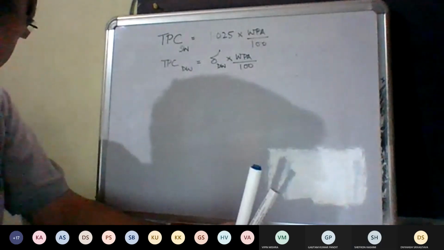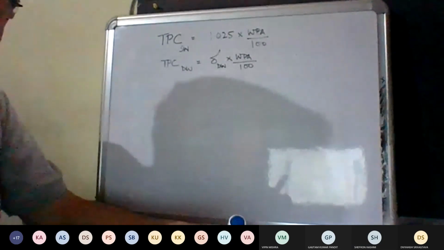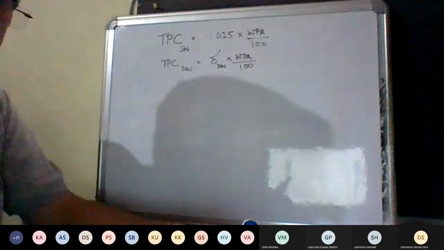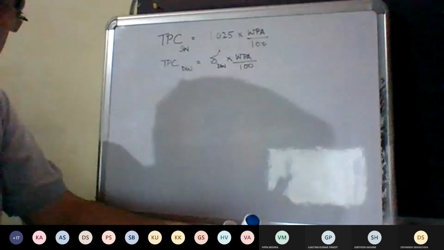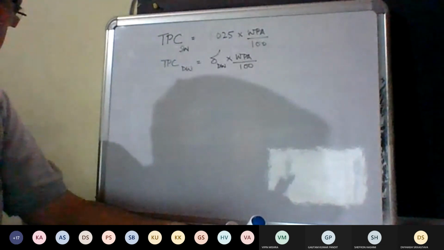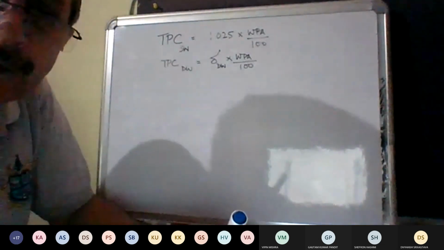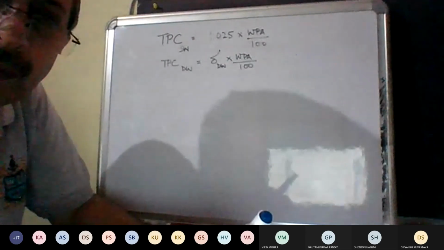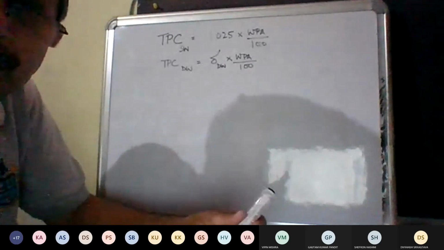Okay. So if my vessel is floating at a draft of 4 meters, how many tons will it take for my draft to sink, or increase, by 1 centimeter?